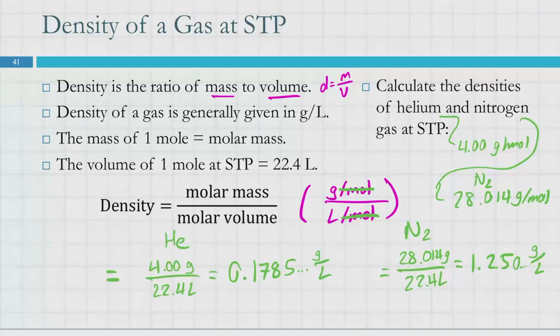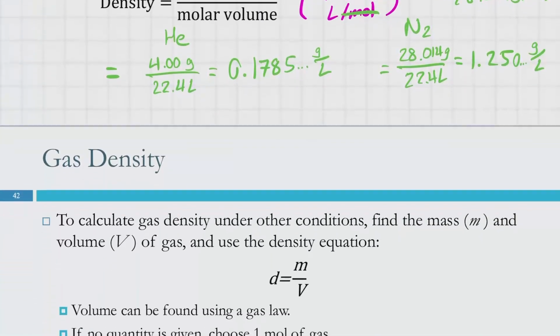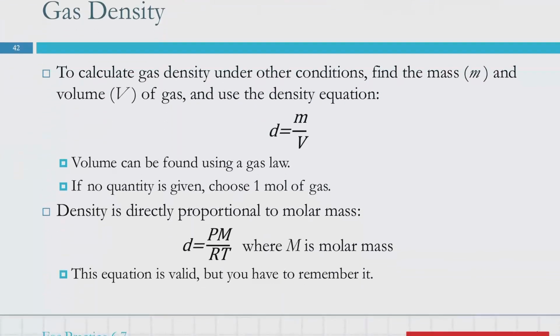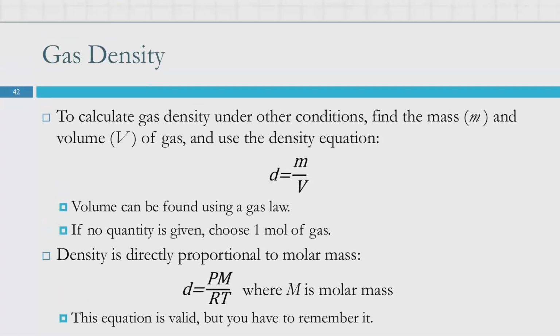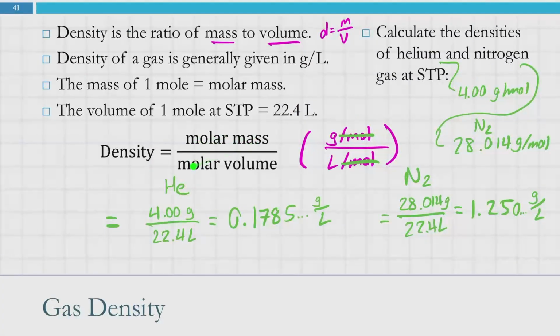You could do this for any other gas that you wanted to. You could do it for methane, ethane, propane, oxygen, some of our other gases that are just around. Argon would also be in there. So to calculate density, if we're at STP, we can use this easy trick, the molar mass over the molar volume. Super fast, super easy, super simple.